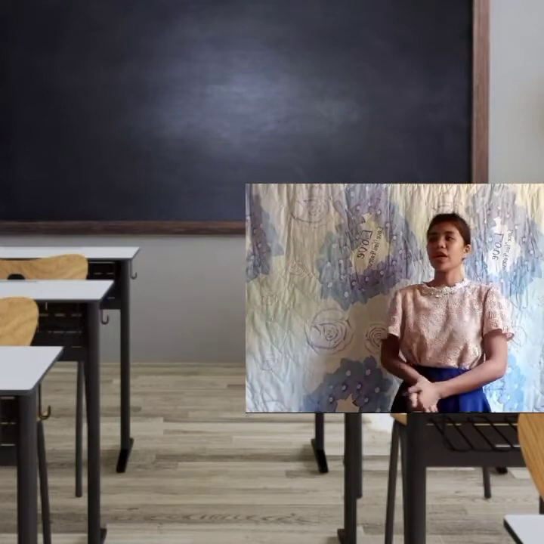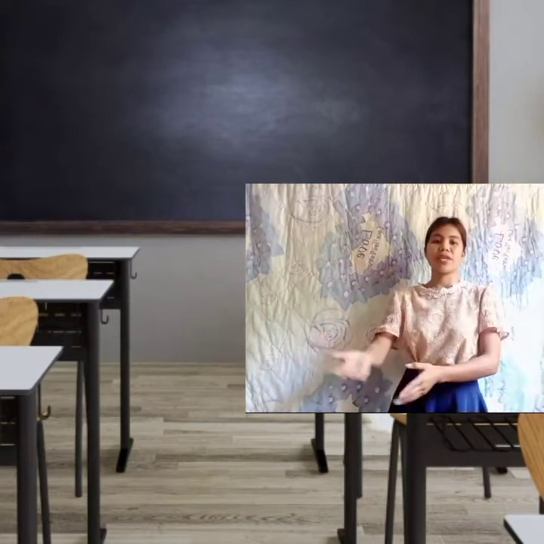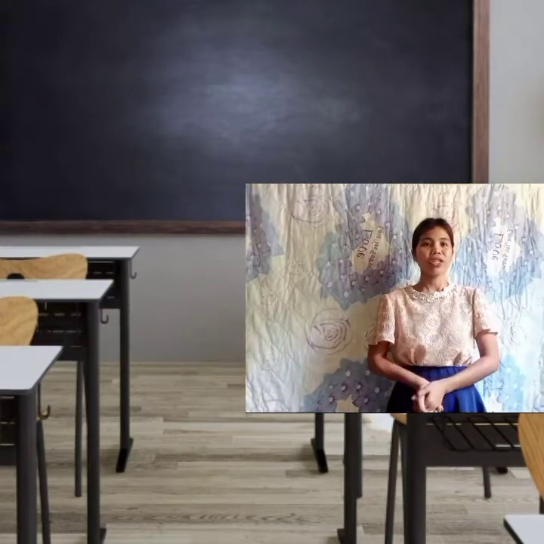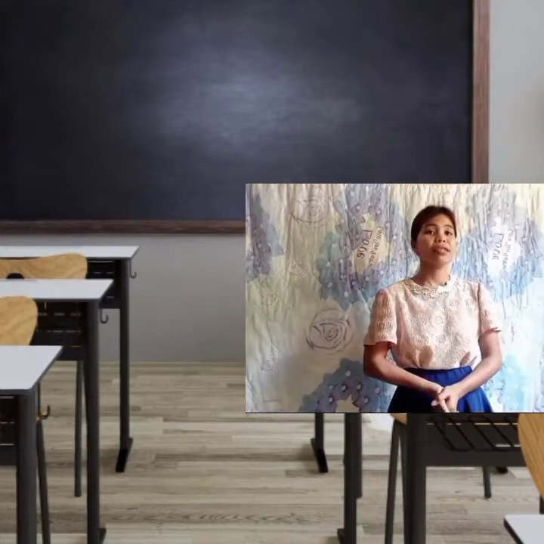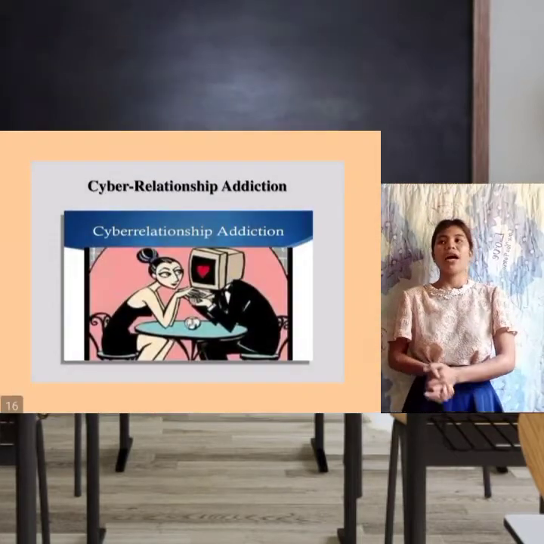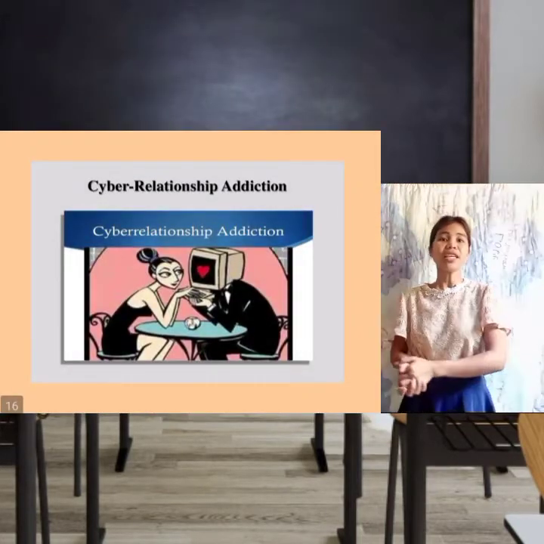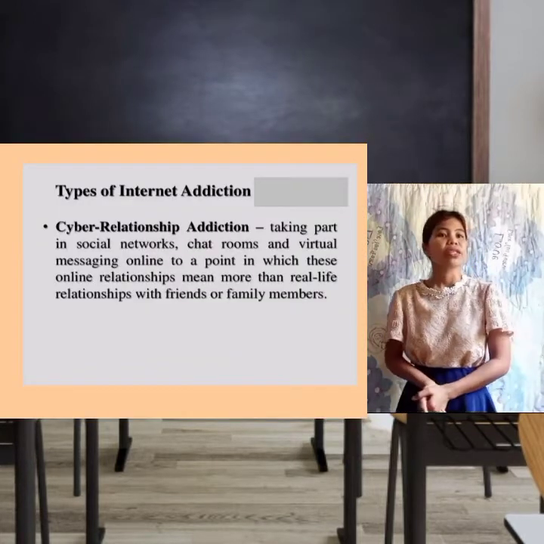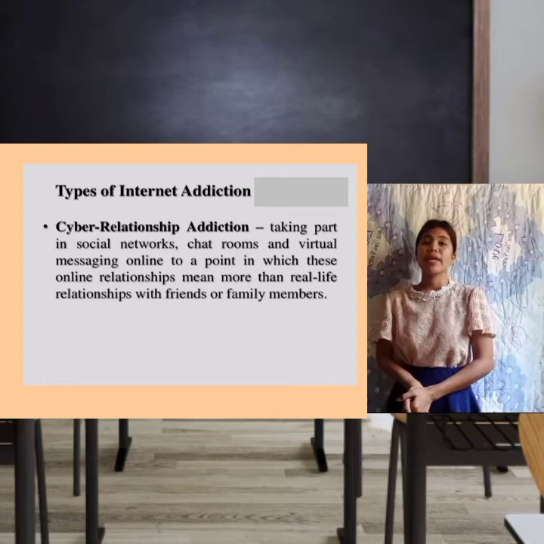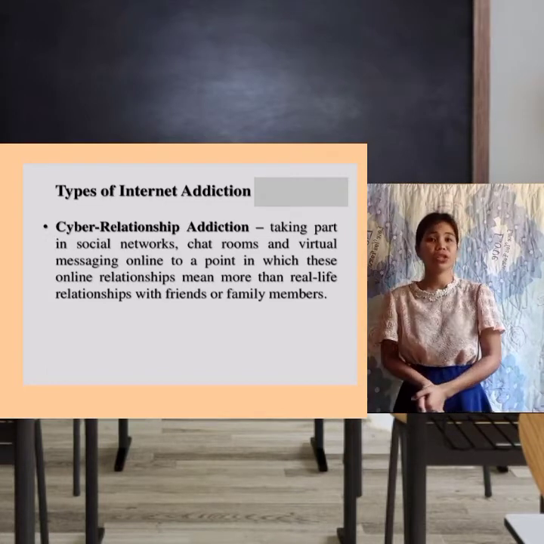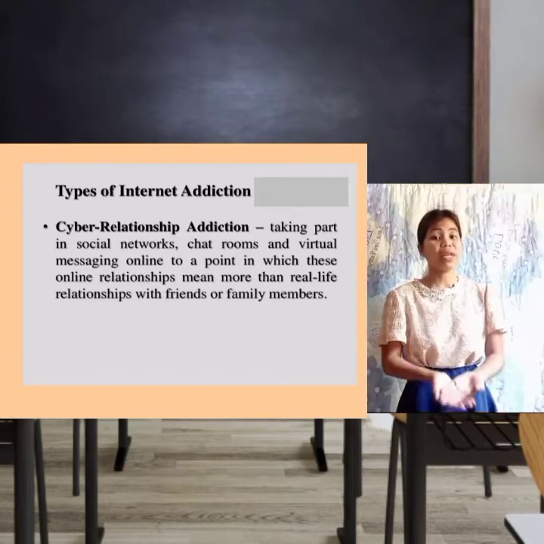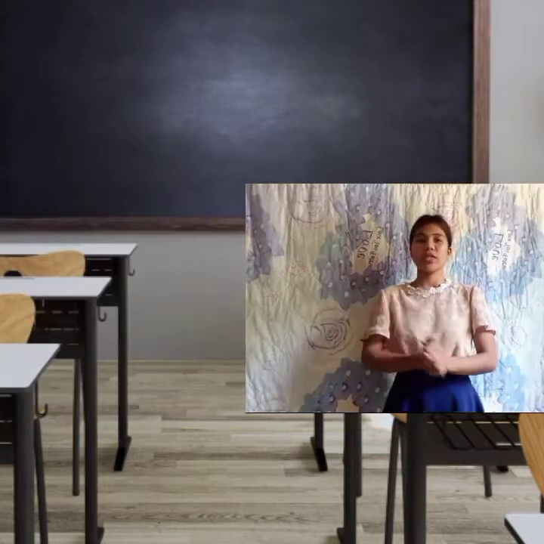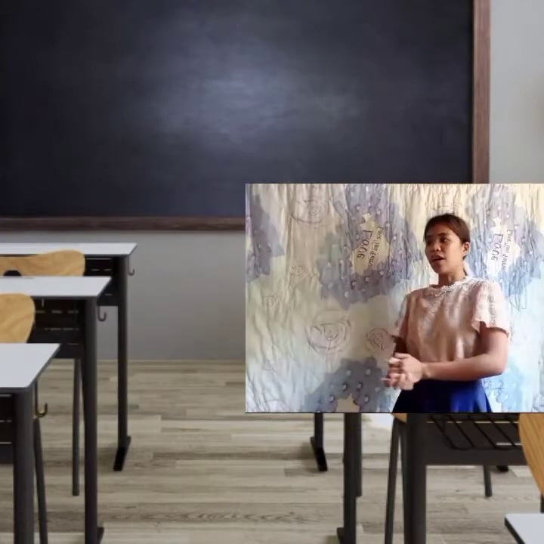So the next one, who can read? Yes, Abby. Okay, Abby, thank you so much. The next one is cyber relationship addiction: taking part in social networks, chat rooms, and virtual messaging, where online relationships mean more than real-life relationships with friends or family members. The next one, who can read?